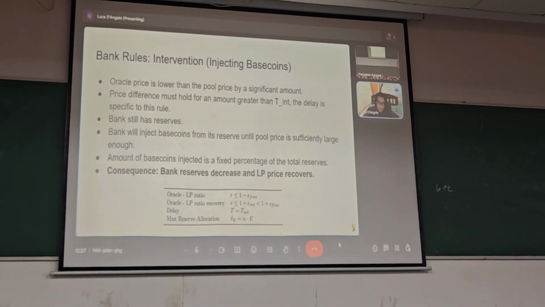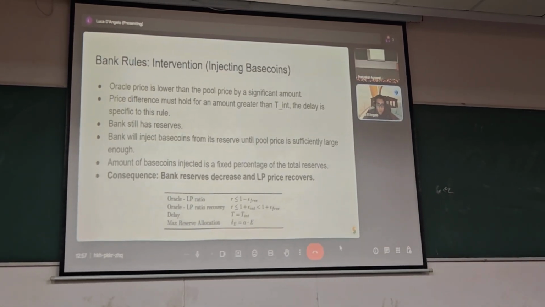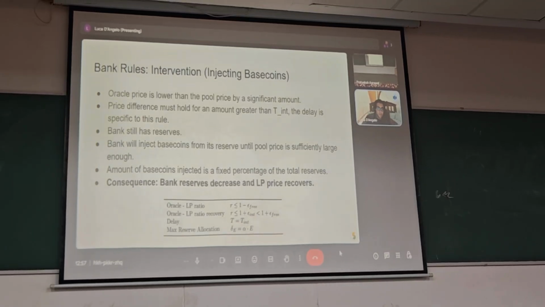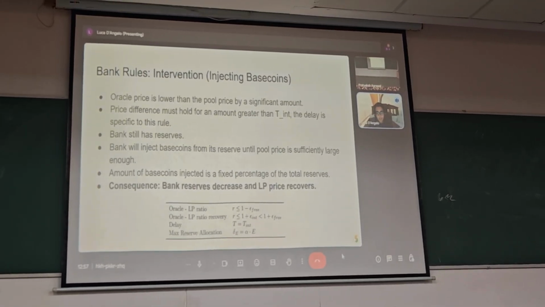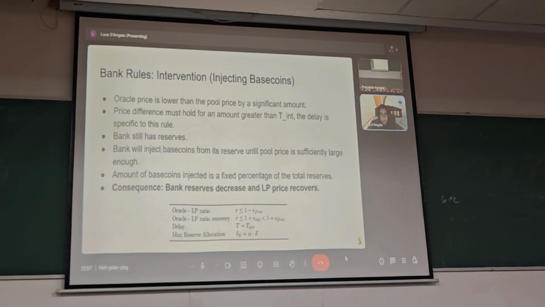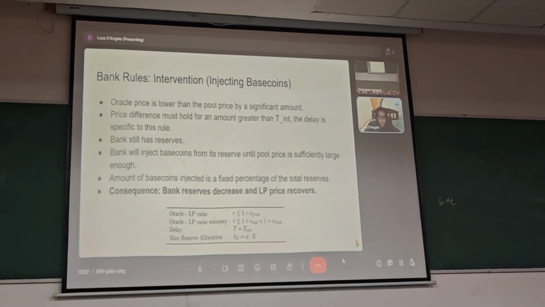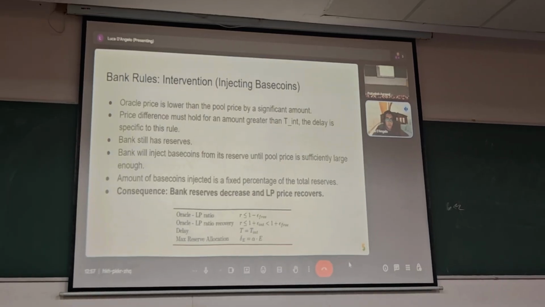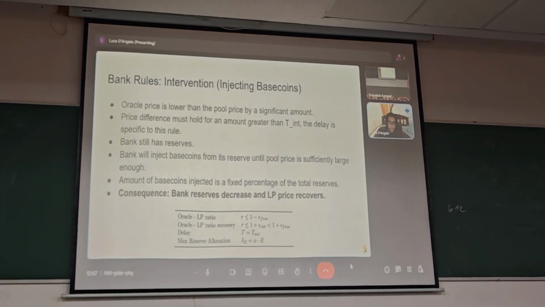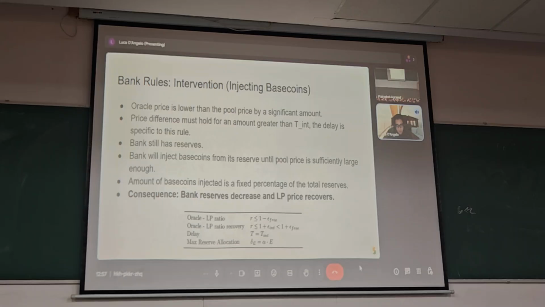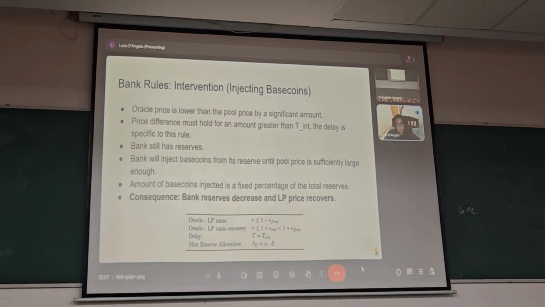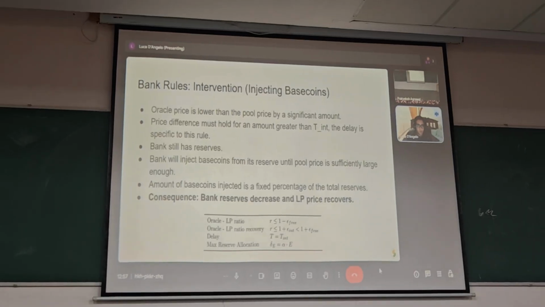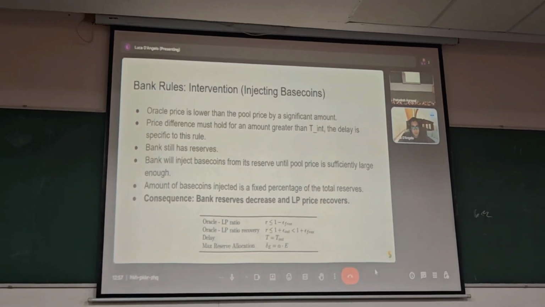It'll inject to recover until 1 plus epsilon intervention, so this epsilon would be like the primary unit side, but it should be less than the upper bound of the Freeman range. And the alpha represents the percentage of the total reserves, the max you would want to inject into the liquidity pool within one intervention.